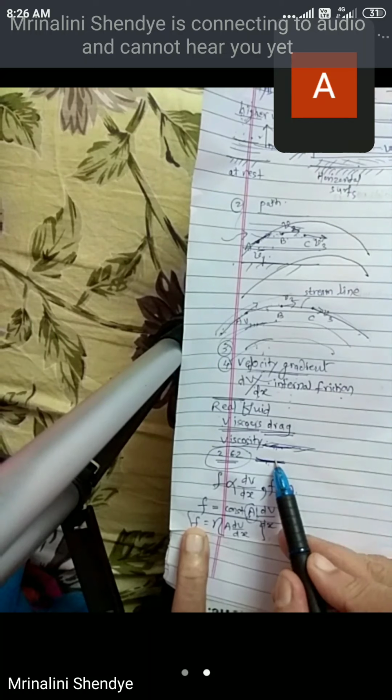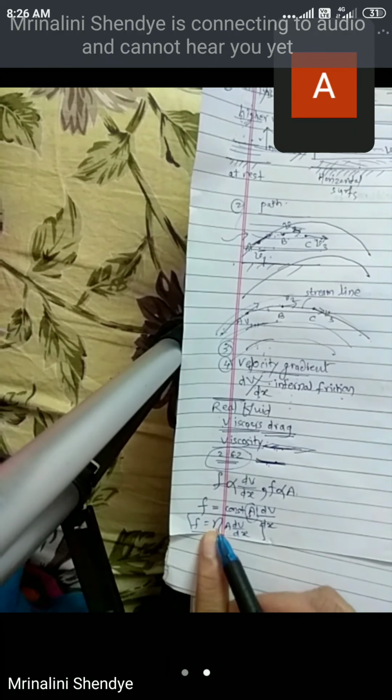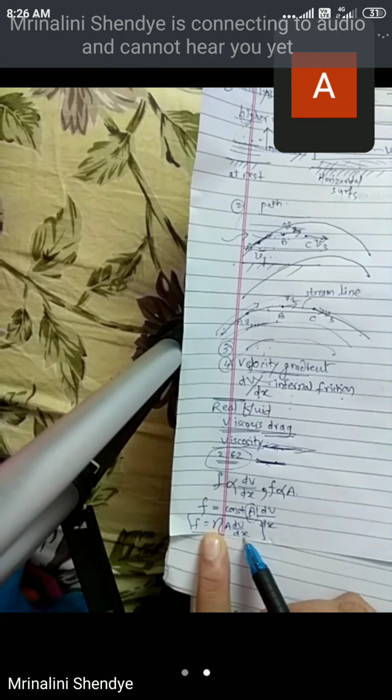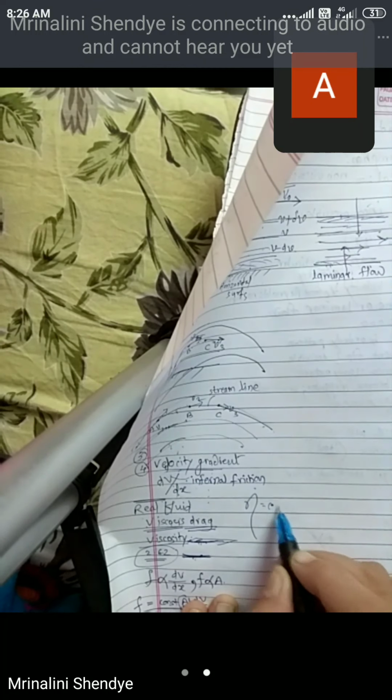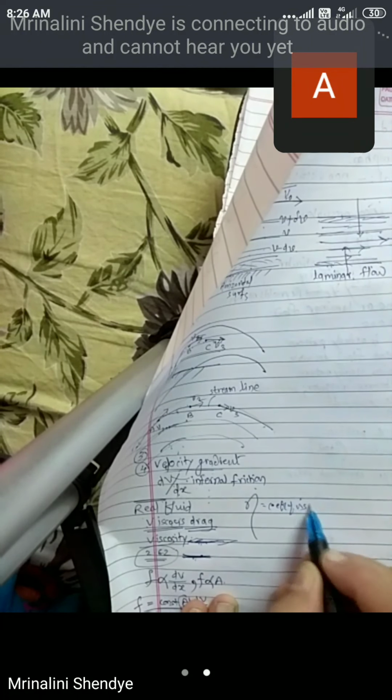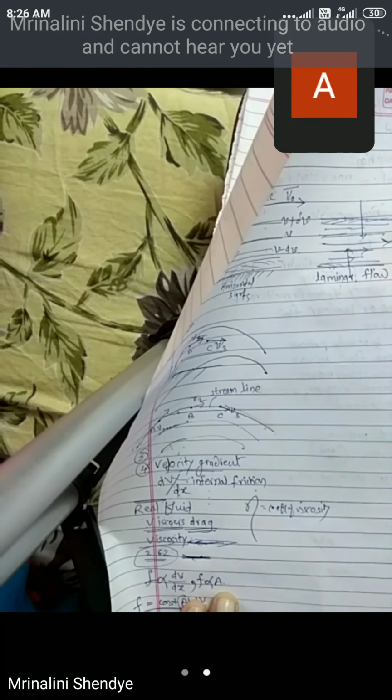This constant of proportionality is called coefficient of viscosity, and we write viscous force on a layer of area A is equal to eta A dv by dx. Eta is called coefficient of viscosity. The definition of eta is given on page number 46. 46 में देखो.